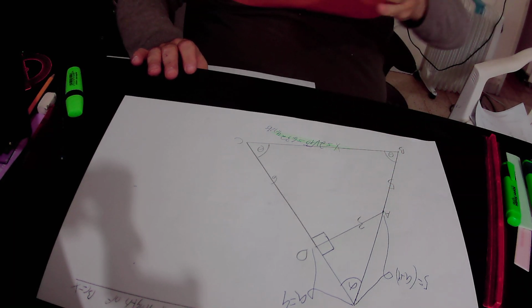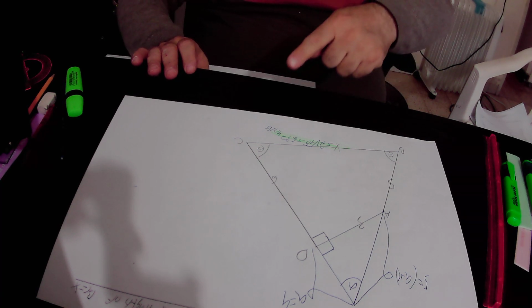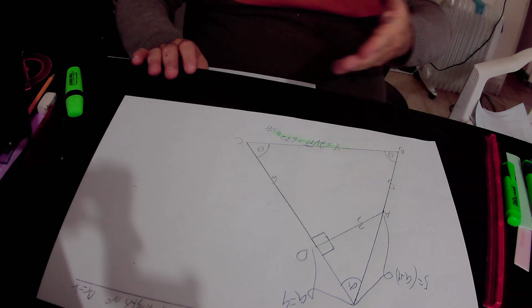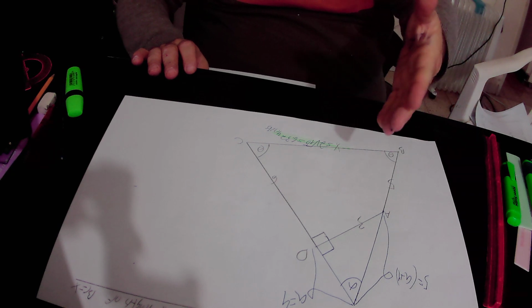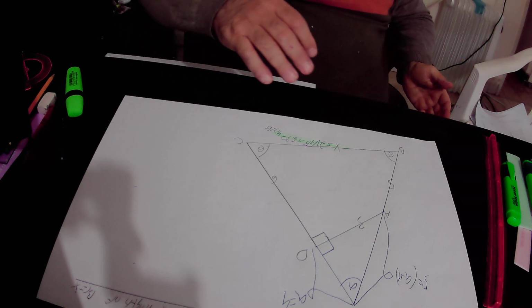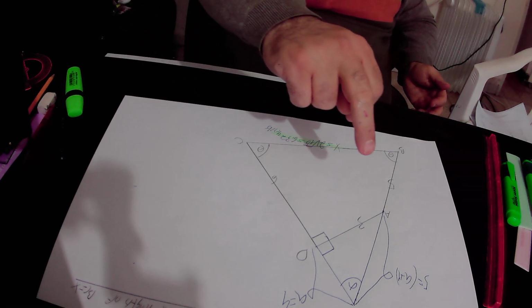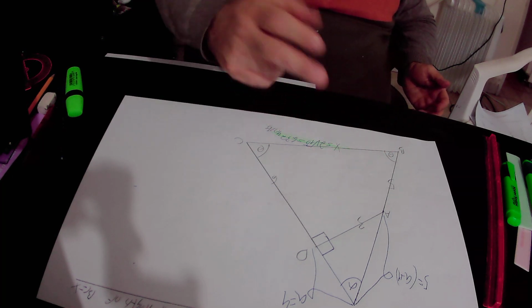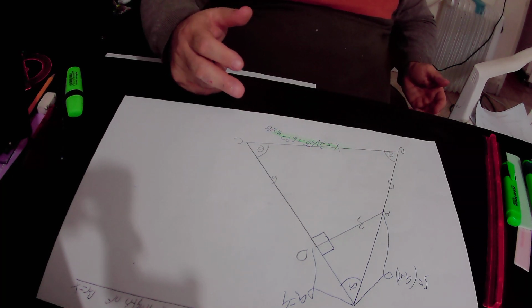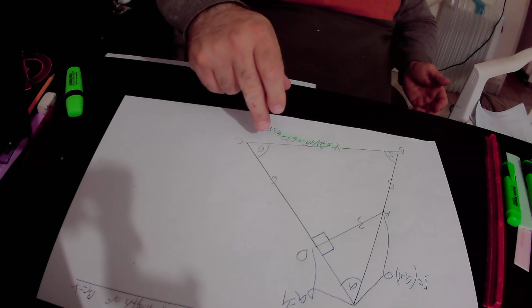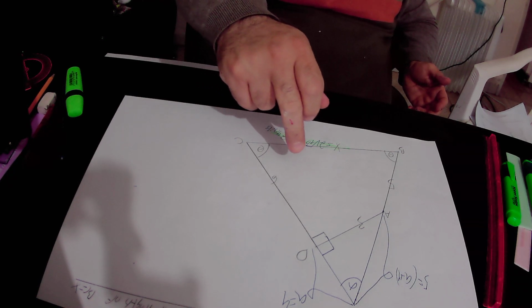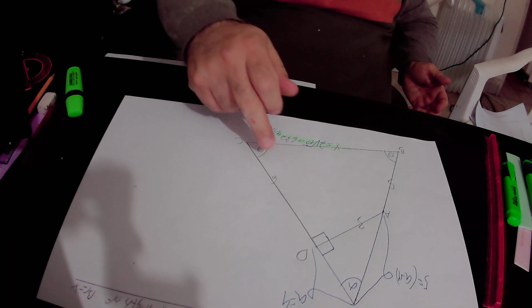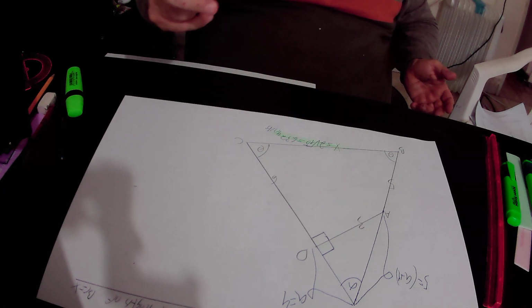This is one reason that CE is a straight line, and another reason is because we already related to figure EBC as a triangle. So if figure EBC is a triangle, it means that EC is one side of a triangle.